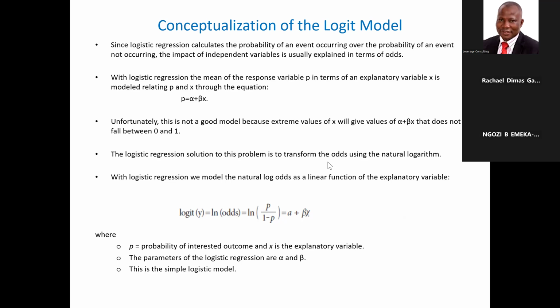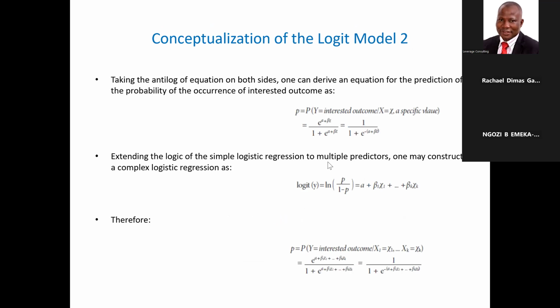That is what represents y in the linear equation a plus bx, where p is the probability of the outcome of interest and x is the explanatory variable. The parameters of logistic regression are alpha and beta. This is a simple logistic model, just like the linear model.